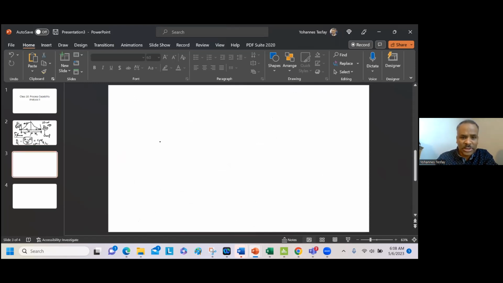So now let me do the same thing. The process is normal, assume normal. Assume here is my upper specification limit, and this is the lower specification limit. So this is not a centered specification.